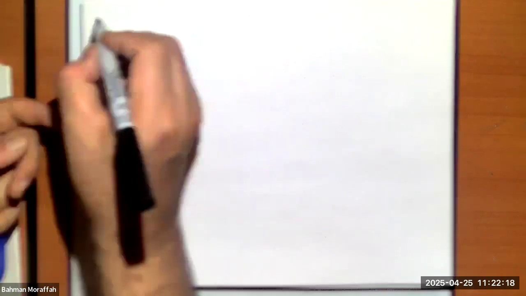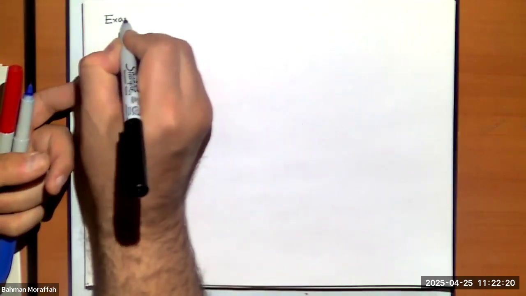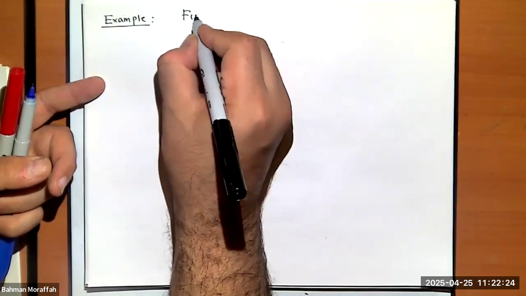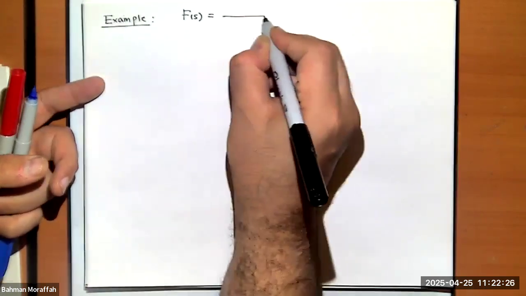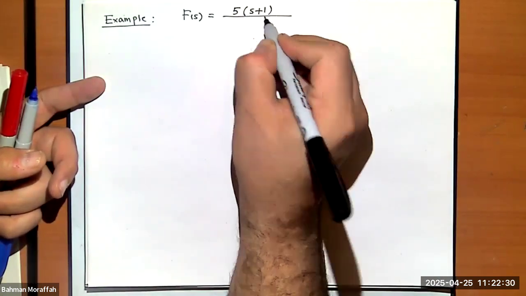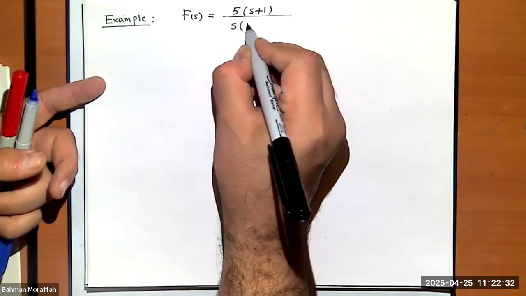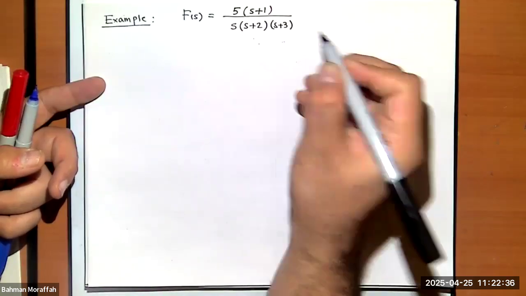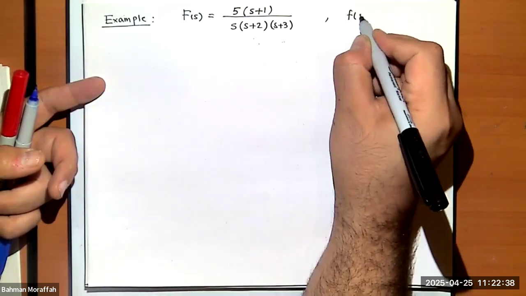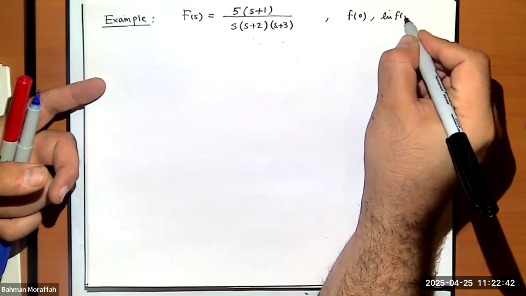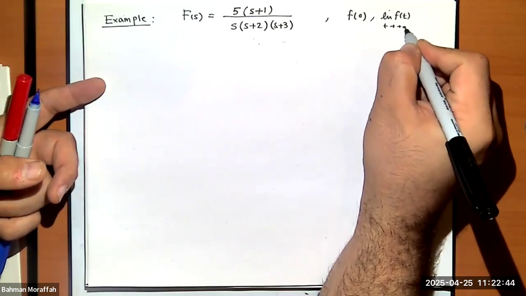So example, let's just say I'm given this Laplace transform of function f, which is F(s) = 5 times (s plus 1) divided by s times (s plus 2) times (s plus 3). And the question is, what is f at time 0, and the limit of f(t) when t approaches infinity?